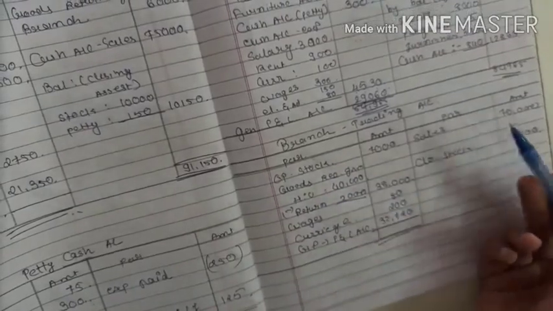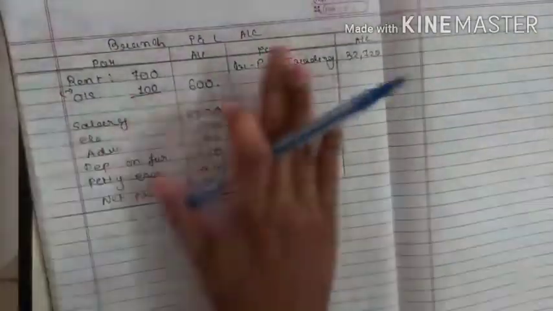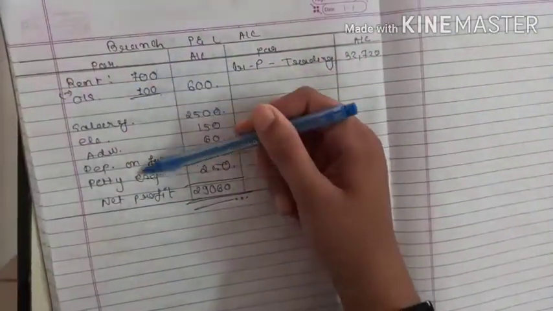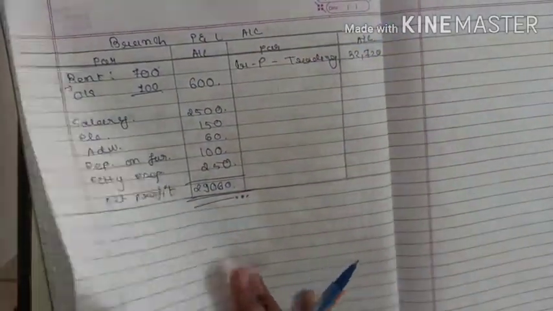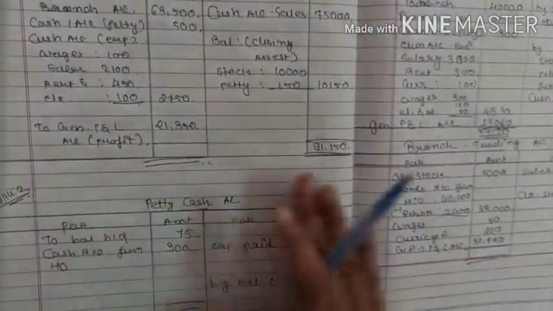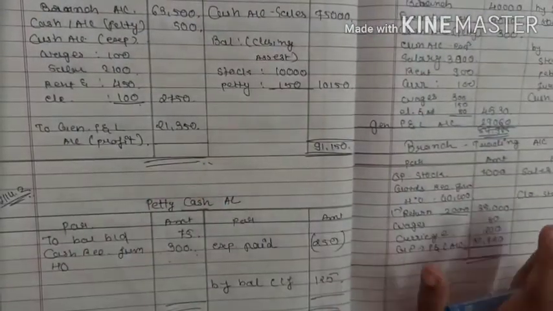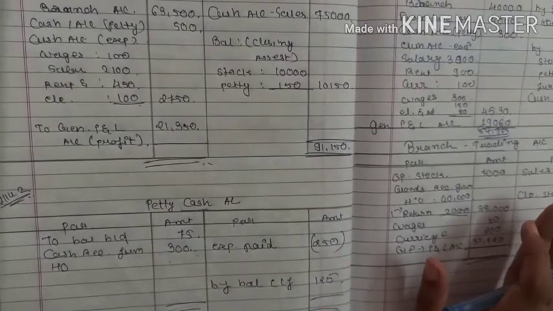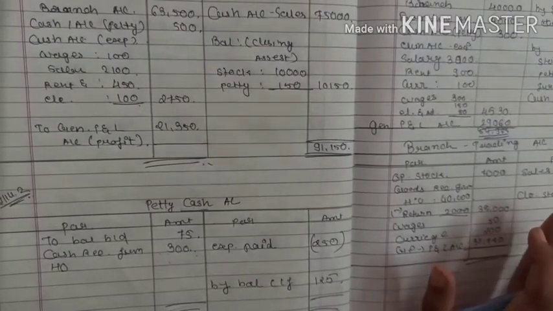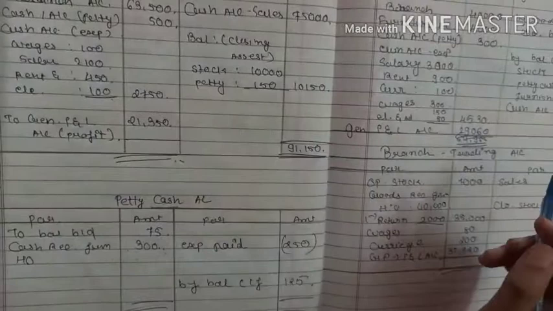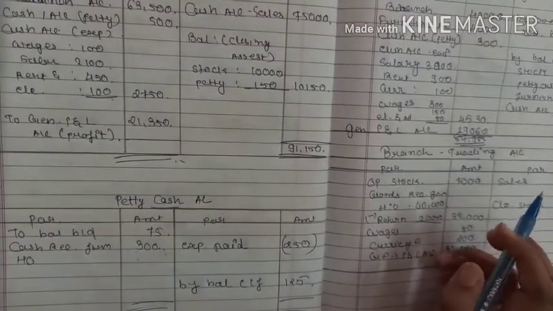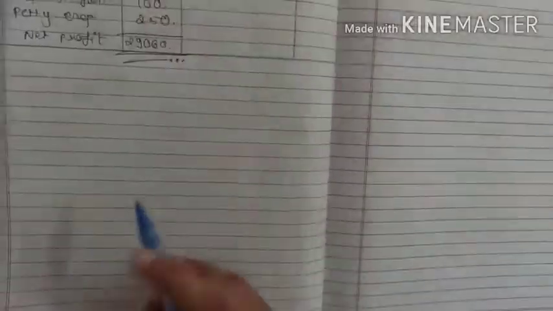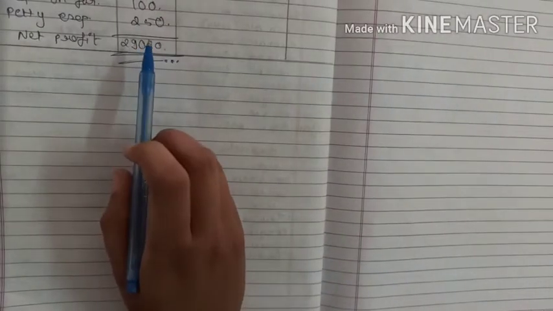Then here we will write sales, closing stock, and this is the P&L account, where we write all the expenses on the debit side and all the income on the credit side, right? This is how you have to prepare the branch account as well as the branch trading account and branch P&L account. And the gross profit or any profit from the branch account and from the P&L would be the same every time, right?